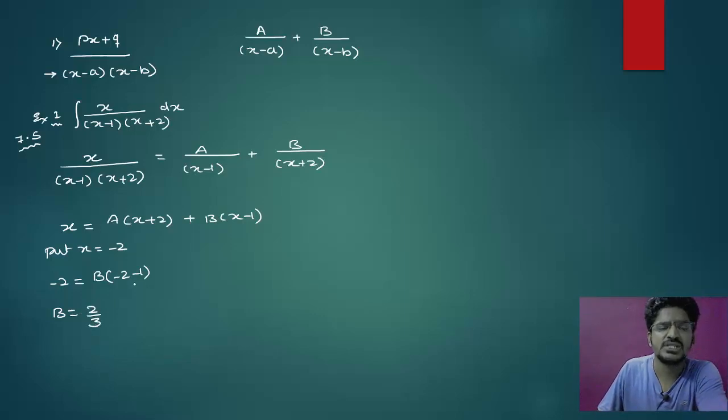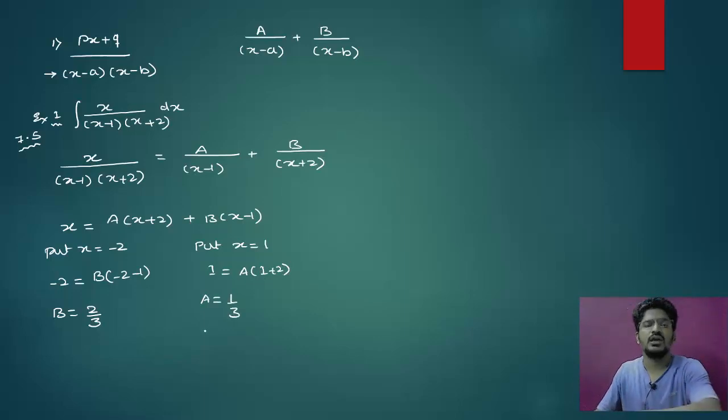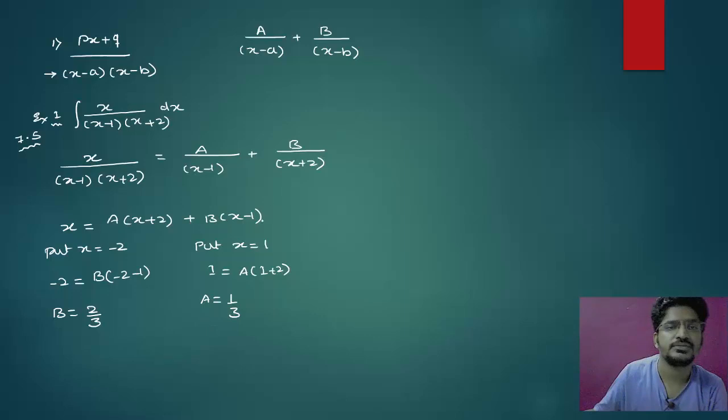In the same way, you can put x equal to 1, so that the b term becomes 0. Therefore 1 equals a times 1 plus 2, that is 3. So a will be equal to 1 by 3.